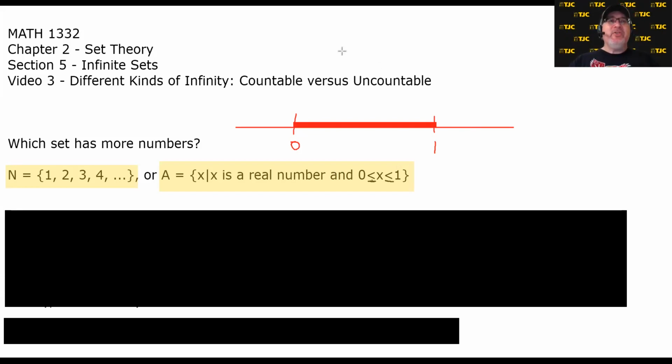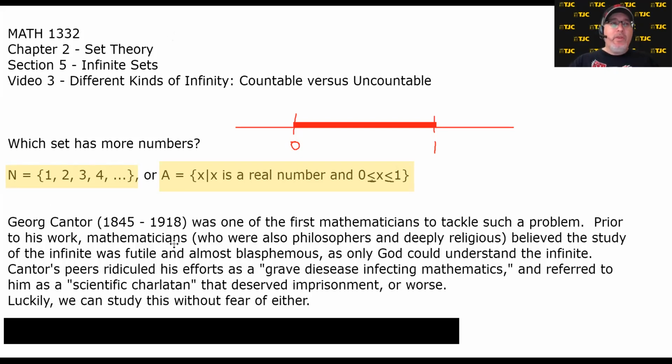Before we get into the details, just a little bit of historical background. Georg Cantor, a German mathematician who was born in 1845 and died in 1918, was one of the first mathematicians to tackle such a problem, which tells you that what we're about to talk about is not that old, just barely over a century old.